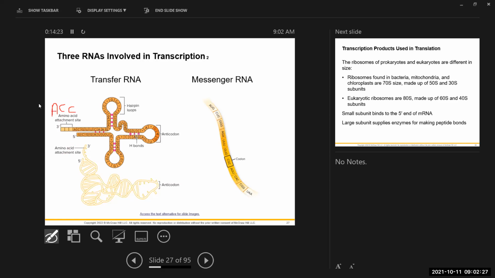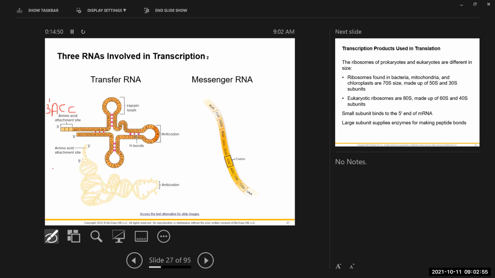C, C, A, and then this is the 3' end right here. The CCA is added after transcription. So you make your tRNA, it doesn't have the CCA at the end. Then you tack on the CCA after transcription. All transfer RNAs end in CCA.